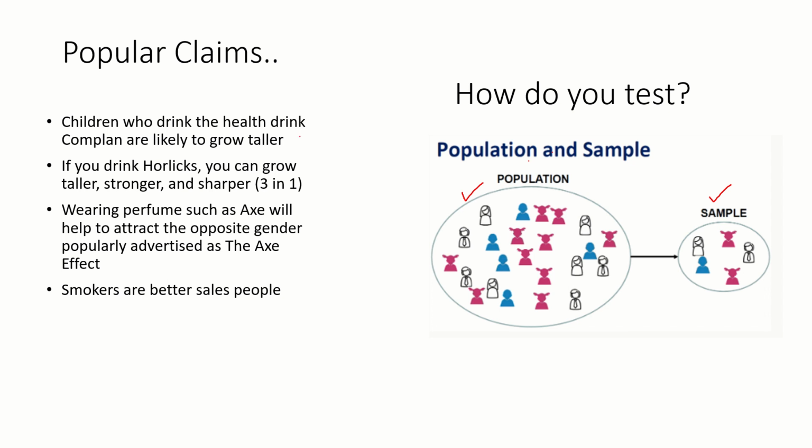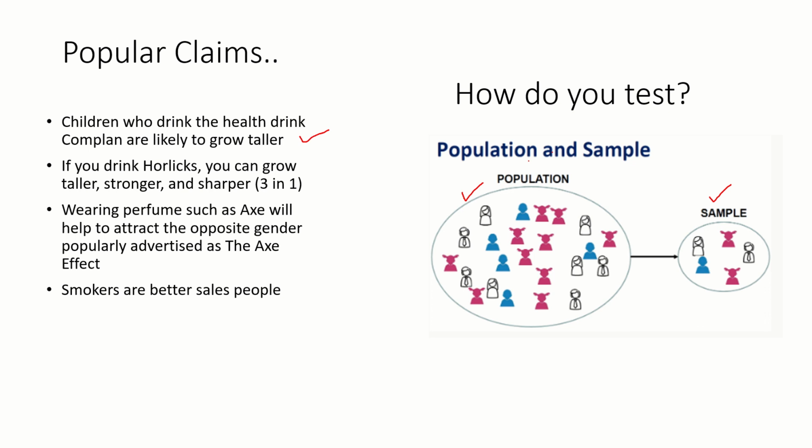Take the case of the first example. The first claim is that children who drink the health drink Complan are likely to grow taller. This is a claim made by Complan. What you are going to do is prepare two groups of children of a particular age group. To one group you give Complan drinks every day. To the other group, you do not give Complan drinks.